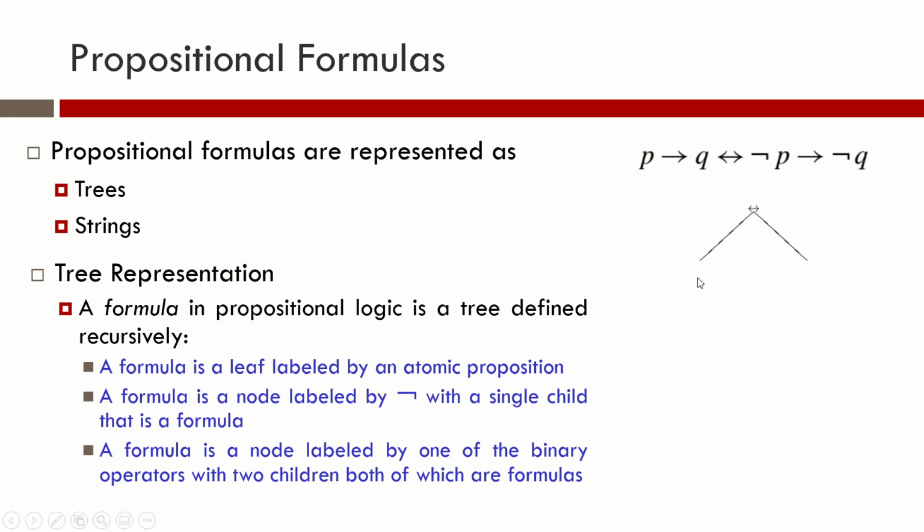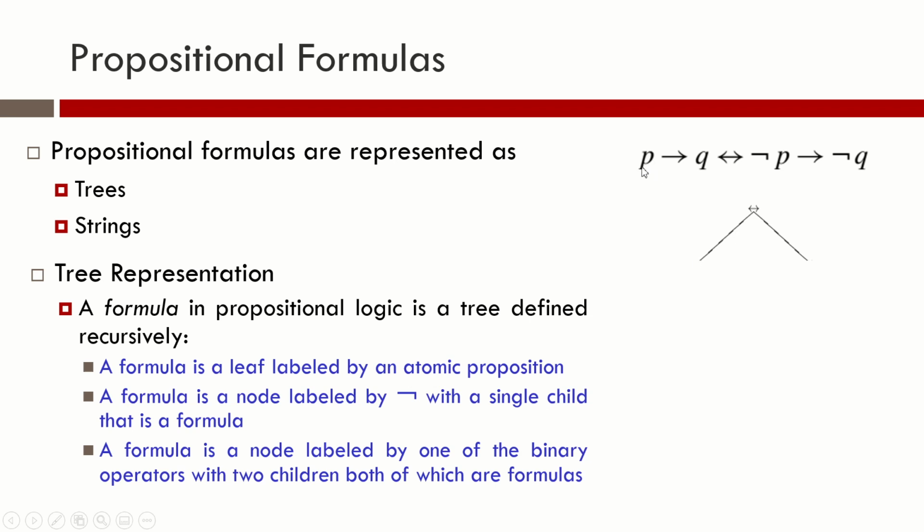Now coming to the left child of this node. As the left child, we have the formula P implies Q. When we consider this formula, we extract the operator and label this node with it. So the left child will be the implies operator, which again is a binary operator and will have two children.